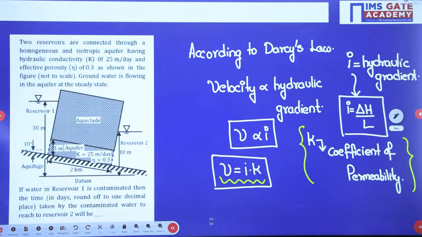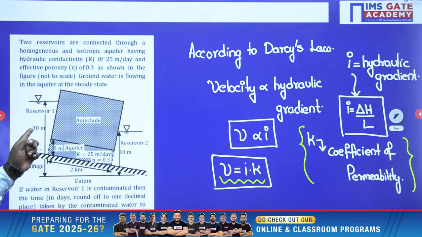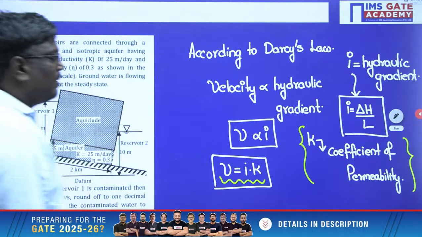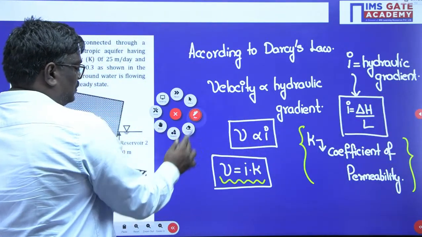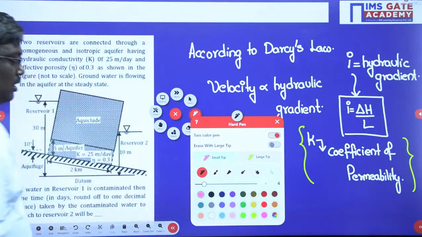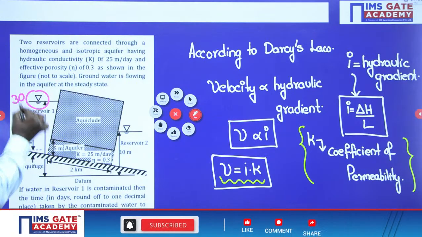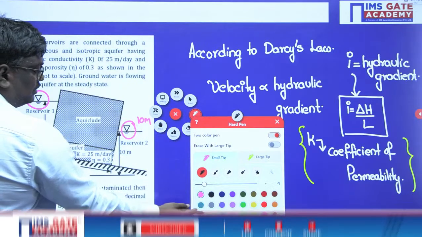Delta H is nothing but the loss of head. Here the loss of head will be 30 meter and 10 meter, if you see here. Let us solve this question now after that concept. In the problem, the water table is at a height of 30 meter here and a height of 10 meter there.